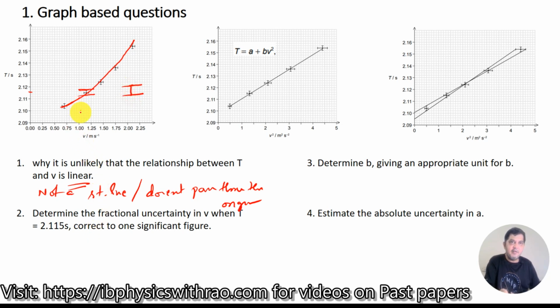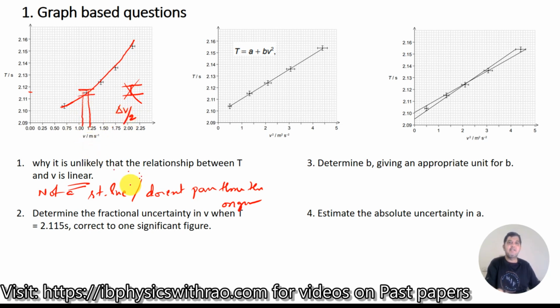Corresponding to it, determine the fractional uncertainty in V. You need not do this one here. You can see there's already a horizontal bar given here. Determine what this value is, then divide by 2.